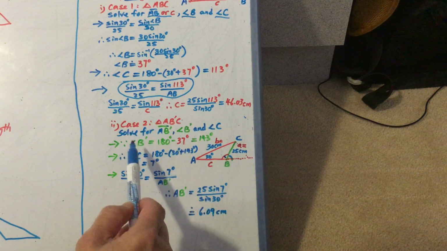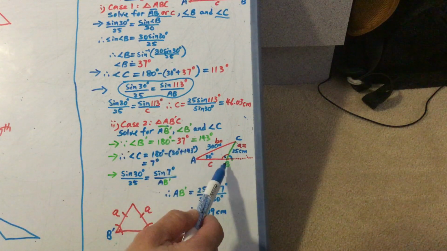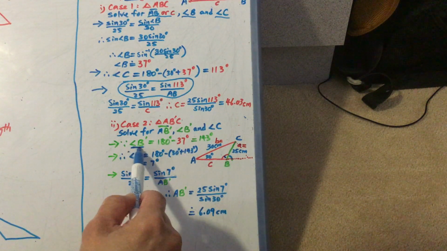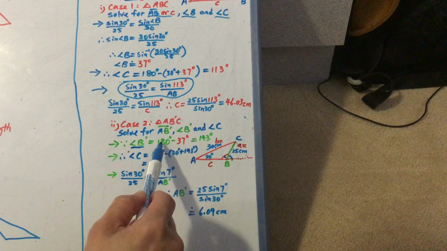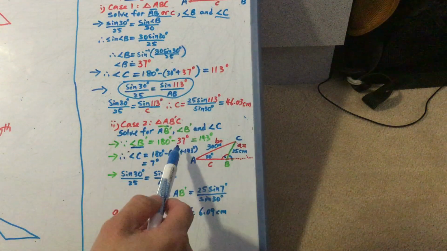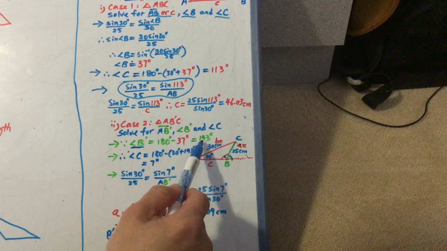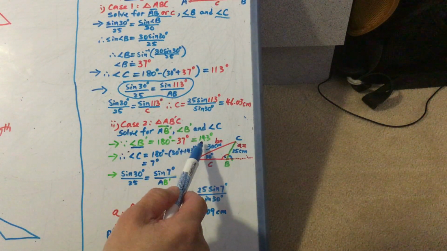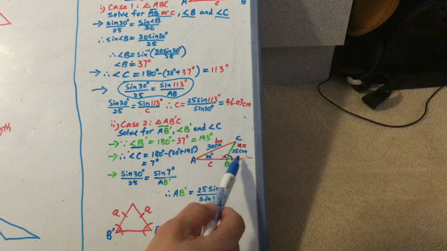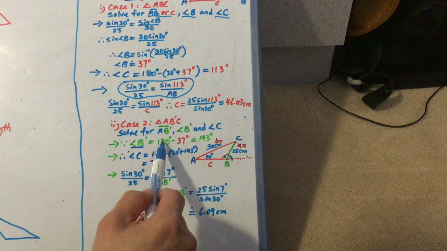So in order to find the angle B prime, always take 180 and subtract the angle B from case 1. That will give you 143, because any angles along the same straight line should add up to 180.